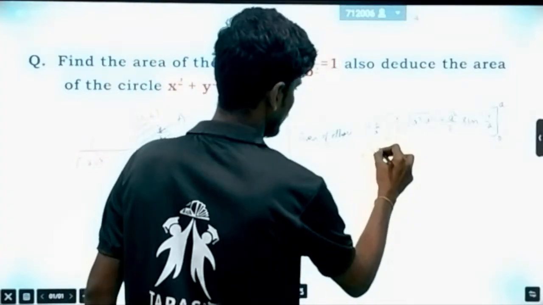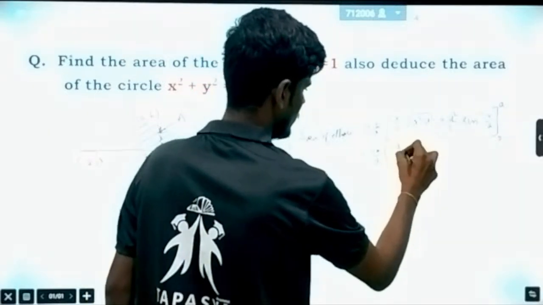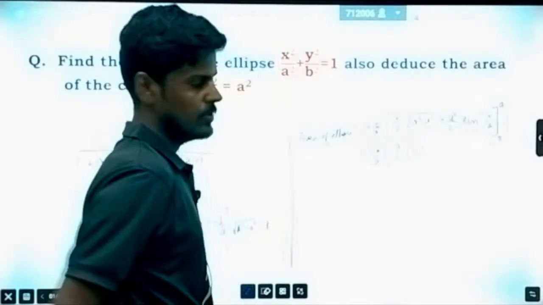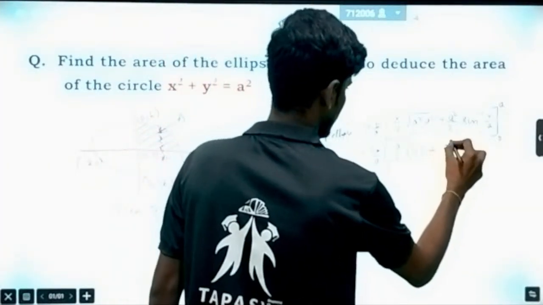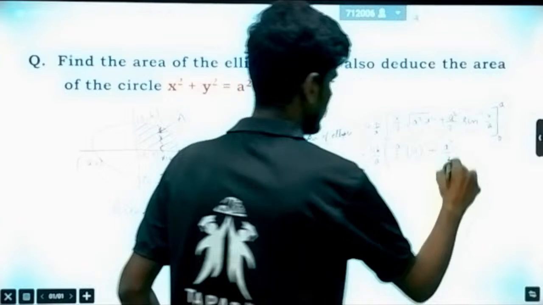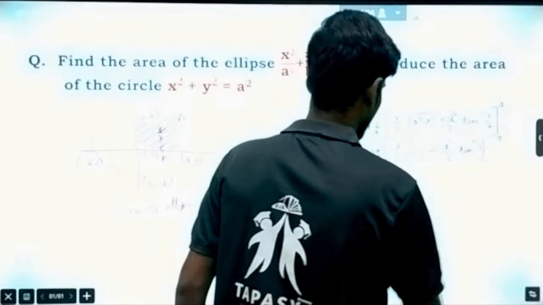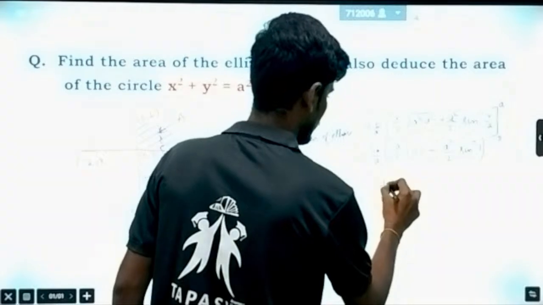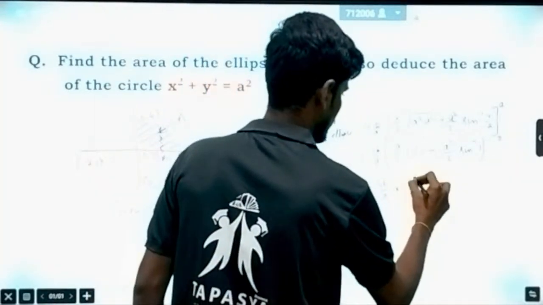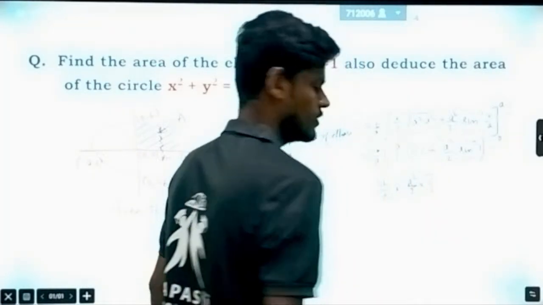This will be equal to 4b by a into, the upper limit being a by 2 into a square minus a square, that is 0, plus a square by 2 into sine inverse of a by a, sine inverse 1. That will be equal to 4b by a into a square by 2 into pi by 2, since sine inverse 1 is pi by 2.